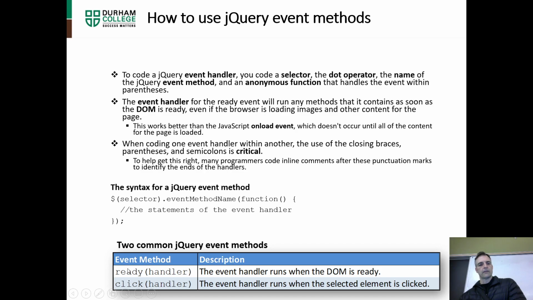Ready is equivalent to an IIFE. So document.ready is exactly the same stuff, except it takes less lines of code. And we'll talk about this. So here's the selector syntax we talked about before: some kind of an event, and then some kind of function to follow the event. That's the general form.